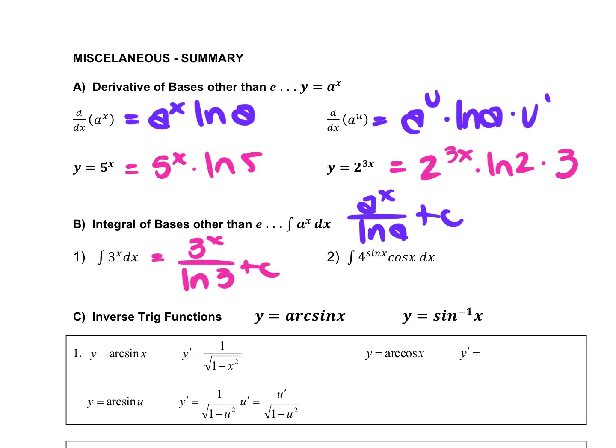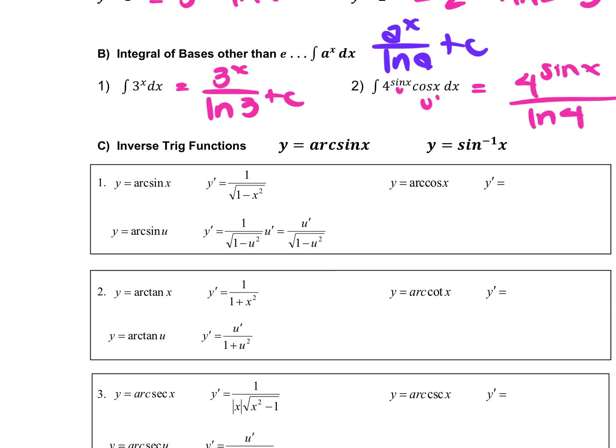And in this case, this one's almost like you're looking at the u prime sitting out here with the u being the exponent. So you're going to integrate 4 to the sine x times cosine x as itself divided by the ln of the base. But the u prime that was multiplied by that kind of goes away as we go backwards.